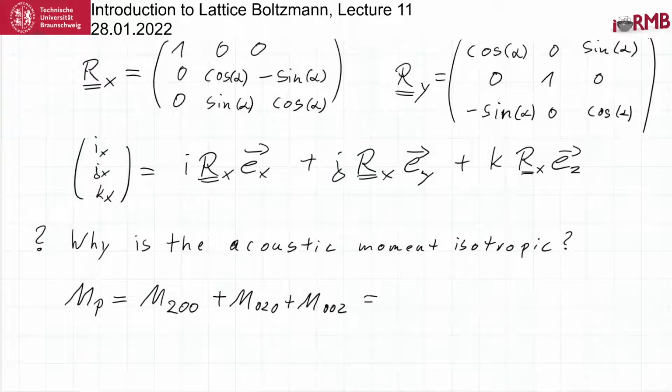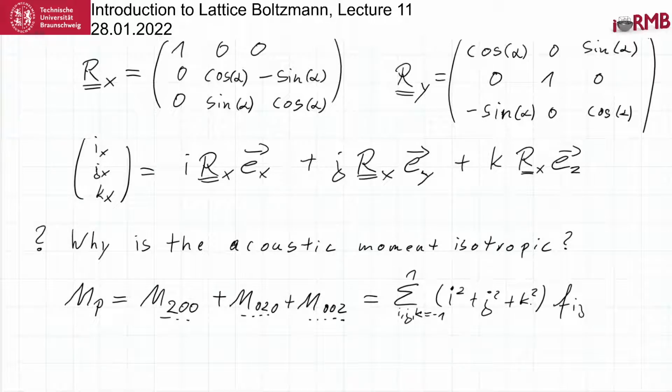This is, of course, defined with I, j, and k, and in our case, all of them go from -1 to 1. So this is how we have the sum over the moments. And this is the I square plus the j square plus the k square, where I square comes from this one, j square comes from this one, and k square comes from this one. And this goes into F_ijk.